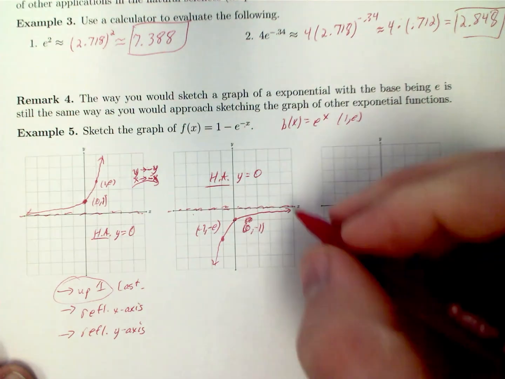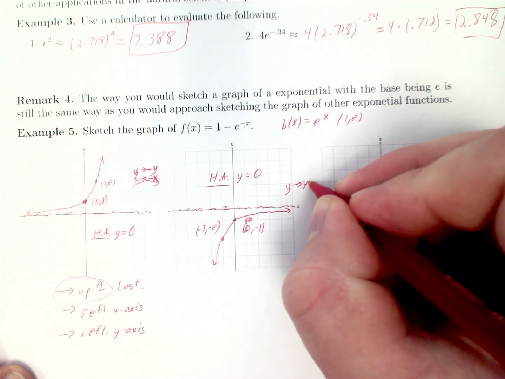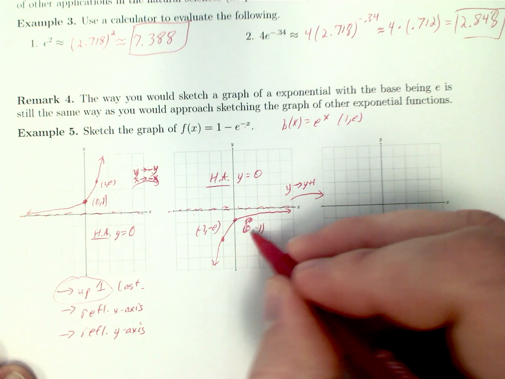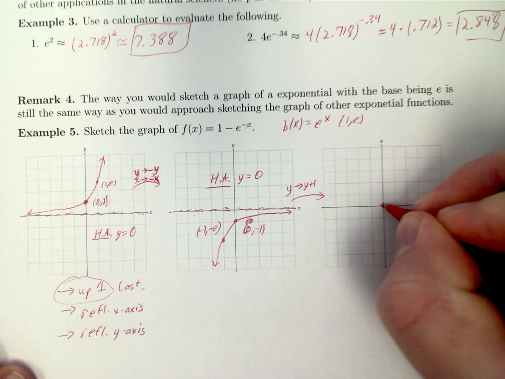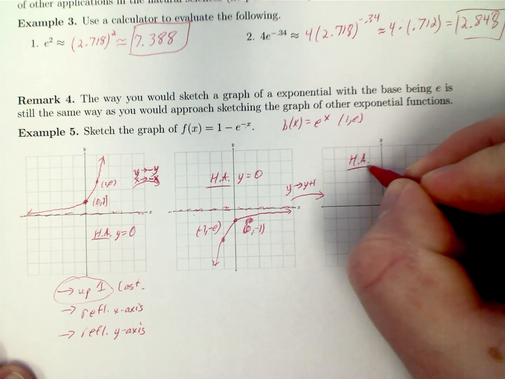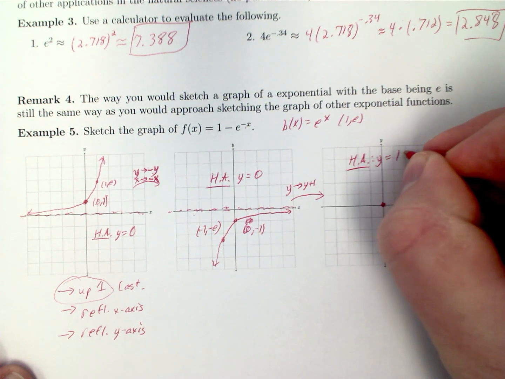And lastly, we're going to shift up, which means our y values are going to be put up by 1. So instead of 0, negative 1, it's going to be 0, 0. Our horizontal asymptote also gets 1 added to it. So instead of y equals 0, it's going to be y equals 1.